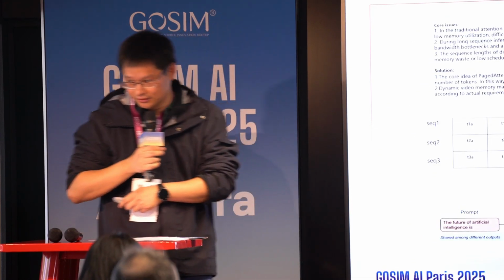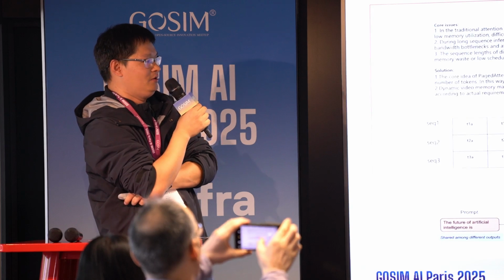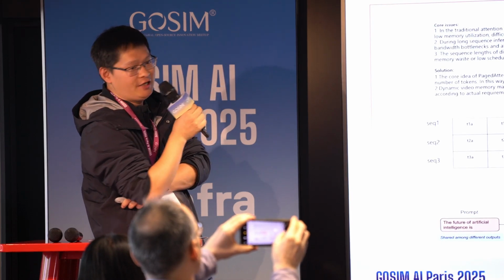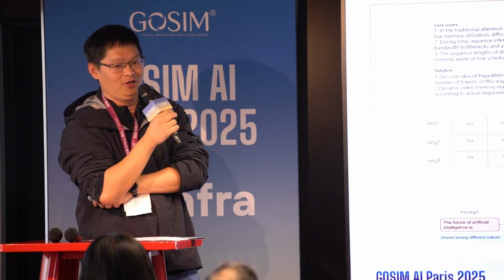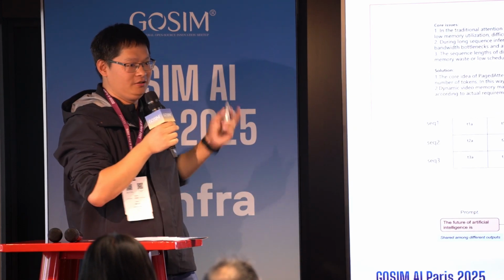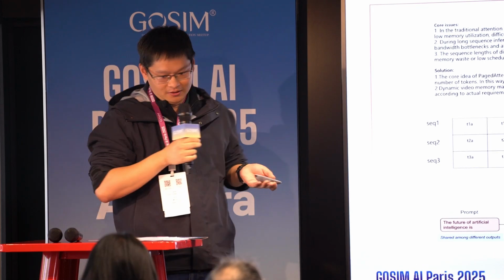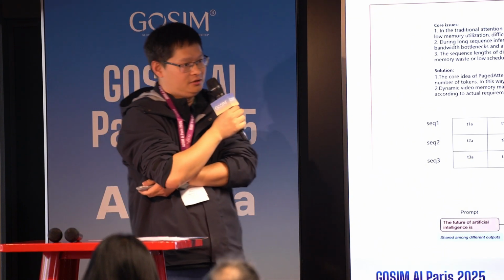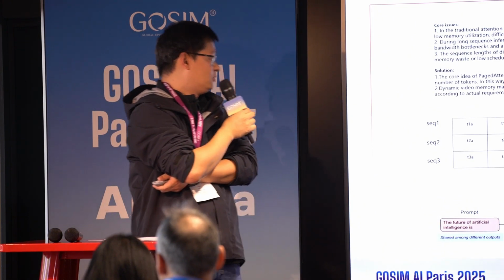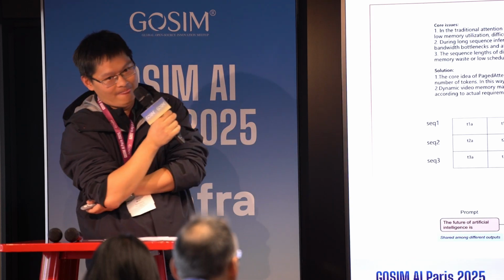So the next technique is page attention. The other concept is KV cache. I'm not sure if you know about it, so I'll explain it in simple words. In traditional attention mechanisms, the KV cache needs to be located in a continuous memory block.